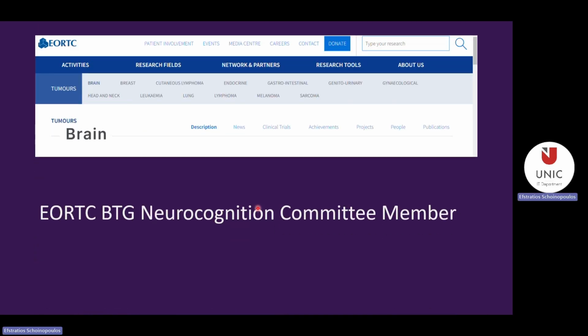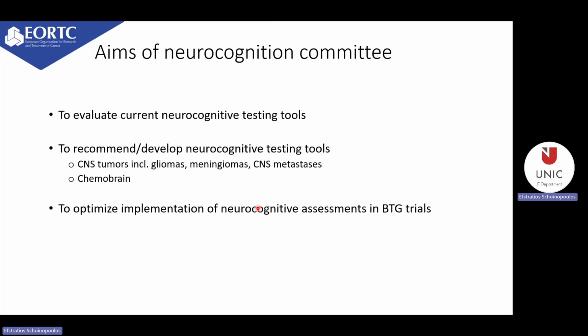And last year I was honored to become a neurocognition committee member of the brain tumor group of EORTC, the European Organization of Research and Treatment of Cancer. In the committee, our aims are to evaluate current neurocognitive testing tools, and to recommend and develop new ones.